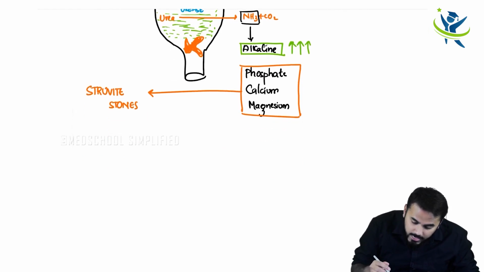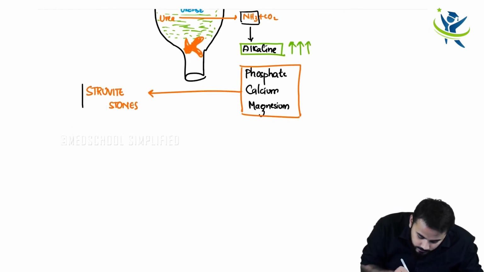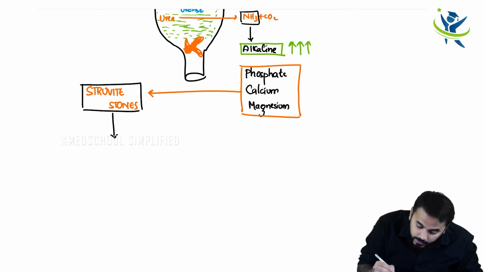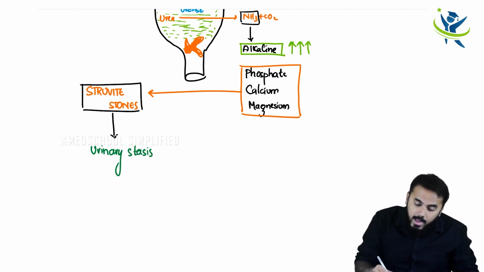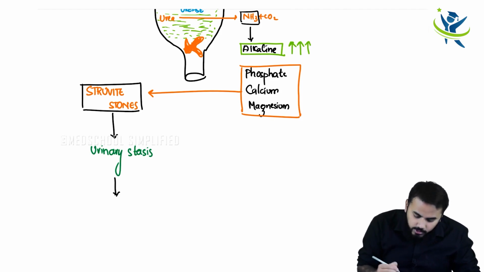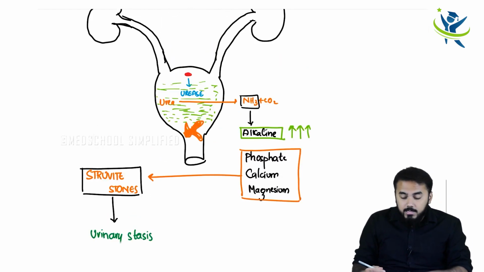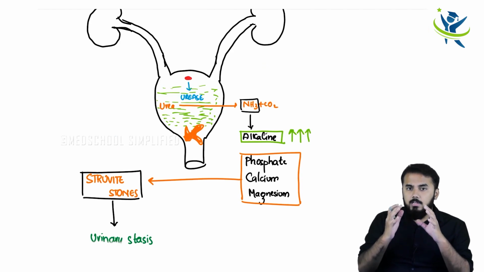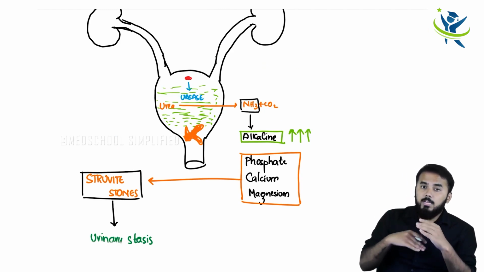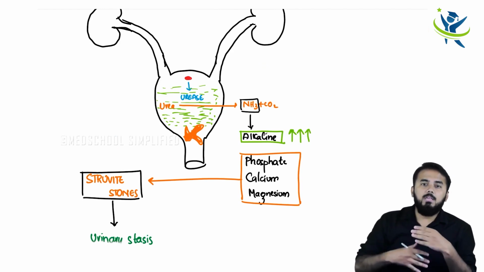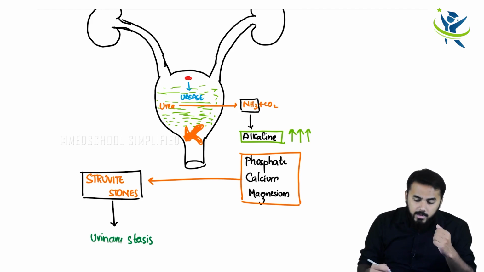So what is happening with these struvite stones, guys? What is the thing about these struvite stones? These struvite stones cause urinary stasis. And what is happening if there is urinary stasis? The urine stays in the bladder for a long time, then slowly new infections start developing in the urinary bladder, right?